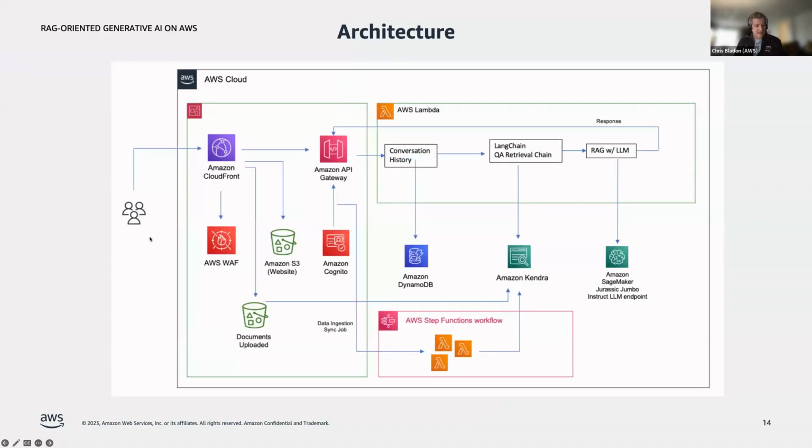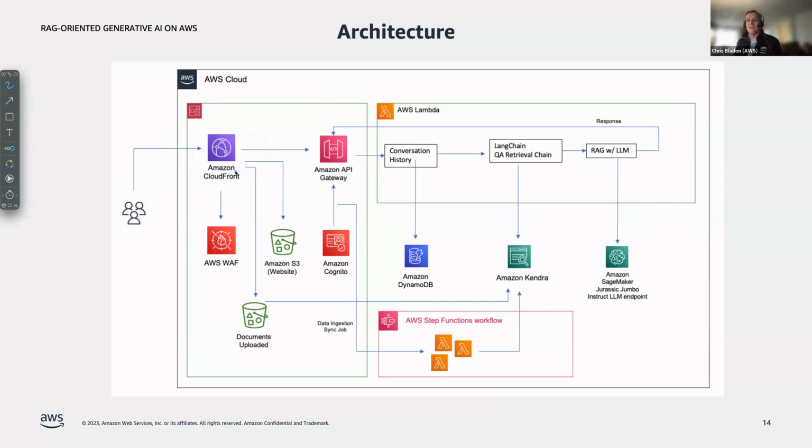Here's the architecture diagram of this whole thing. I wasn't going to go too much into this, but you can ask me questions about this later in the end. The main things I wanted to point out: you've got users who are accessing through CloudFront. This is our content delivery network. It's pushing content and resources, assets out to the edge locations all around the United States.